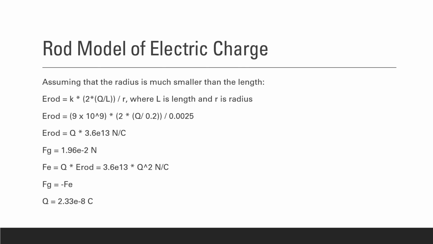And so we know that the electric field of the rod is the charge Q times 3.6 e to the negative 13. And from the previous slide, we know that Fg is 1.96 e to the negative 2. Using this, we can set this equal to Fe, and then rearrange to solve for Q, getting a value of 2.33 e to the negative 9.